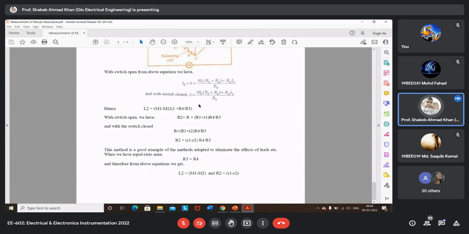Generally lead resistance and lead impedance are an issue, and if we subtract two readings, those common errors will be taken care of.